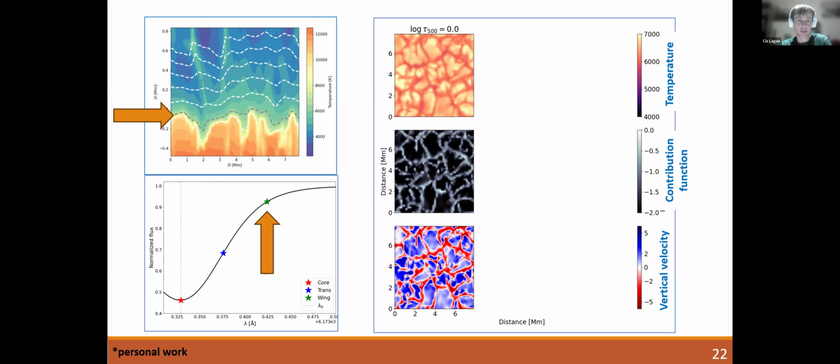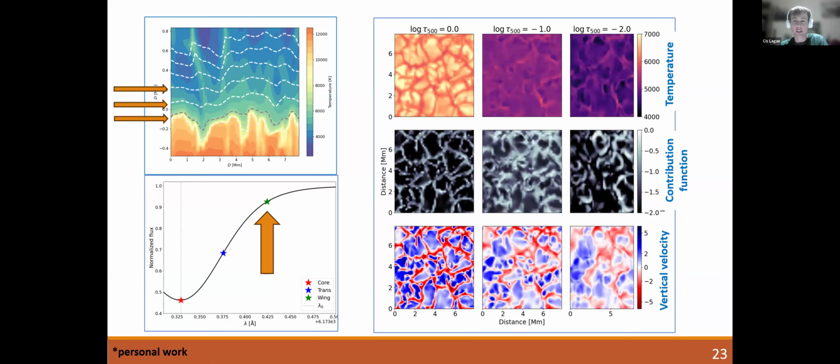So it's a nice way to visualize things we know or things we expect to know from spectral lines. Looking at higher layers, things become a bit more complicated, so I'm not going to stay too long on this slide, but in general, the flux is absorbed in downflowing areas that are usually a bit hotter as well.